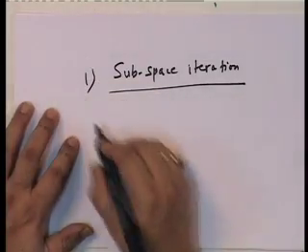Here you are doing frequency by frequency, whereas in subspace iteration you take a space and sweep out certain ones, so that you can get a block of frequencies in one shot. I am not going to go into this. If you are interested, you can always look up other methods.